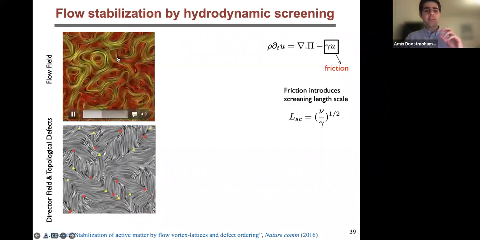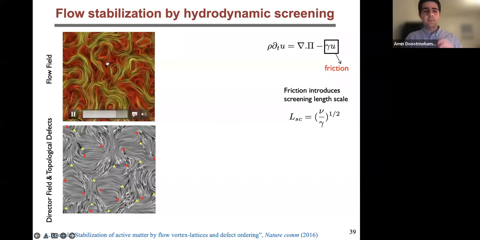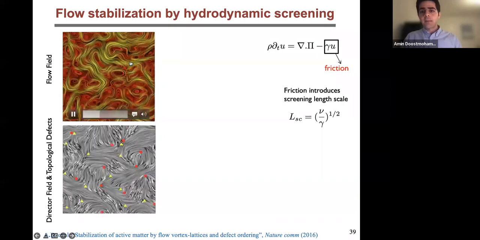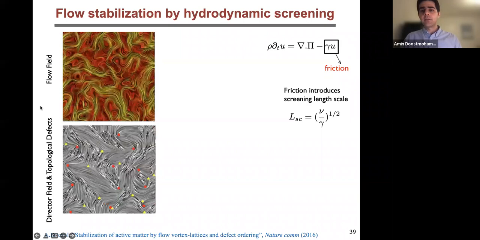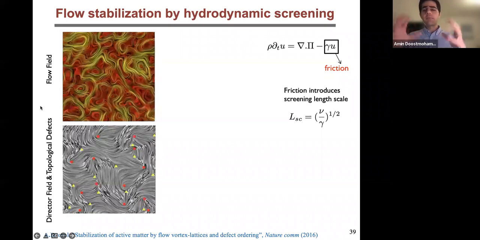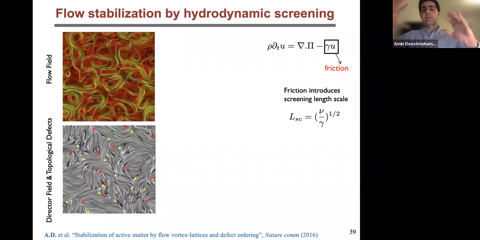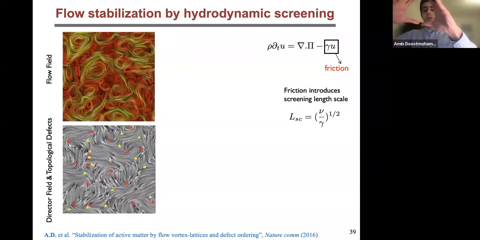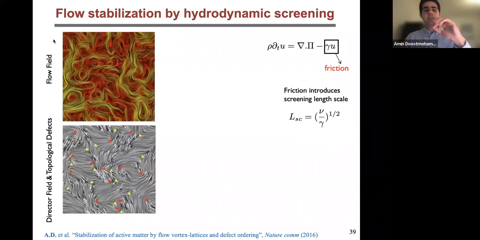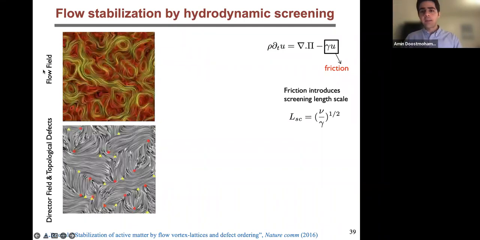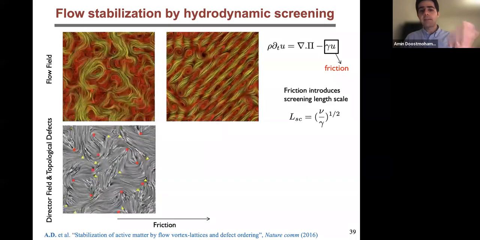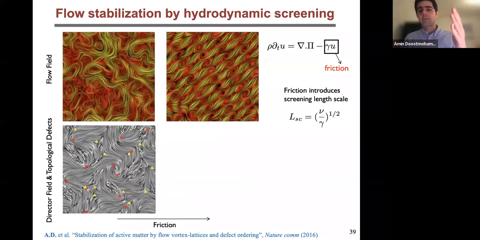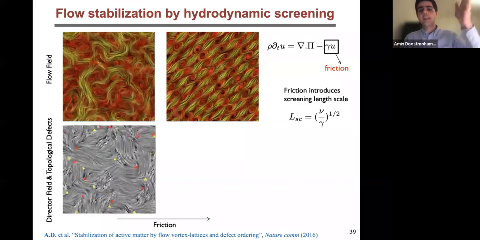We also have a characteristic length scale of these vortices, the so-called activity-induced length scale. Our idea was that if we increase friction enough, then the screening length should become comparable to this intrinsic length, and something interesting should happen. And indeed, something interesting happens. These chaotic flows self-organize into a vortex lattice.